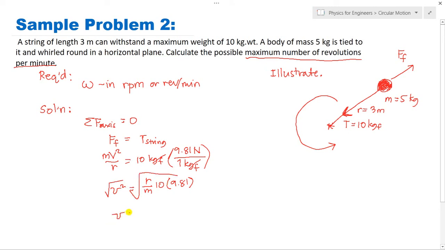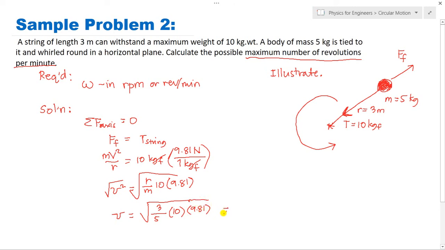We have our linear velocity equal to the square root of, what is our radius? Our radius is 3 meters. So 3. How about the mass? The mass of our body is 5 kilograms. So 5 times 10. That 10 is the tension, then you convert it into newtons.